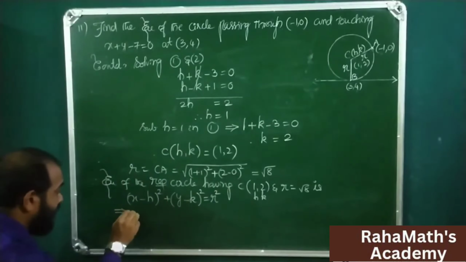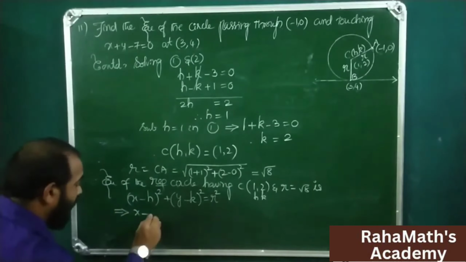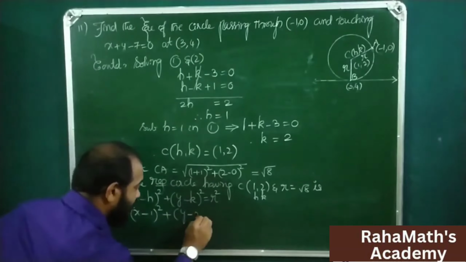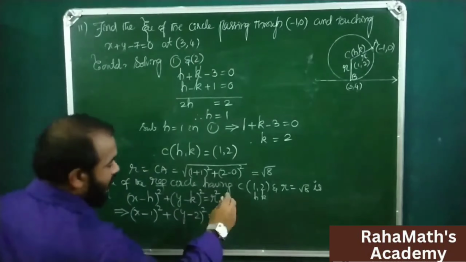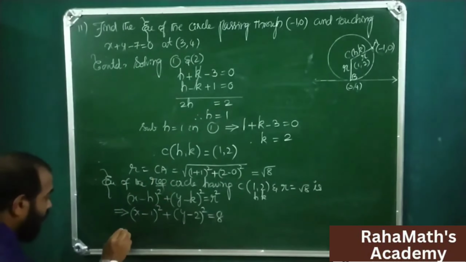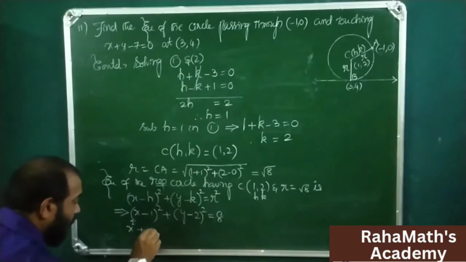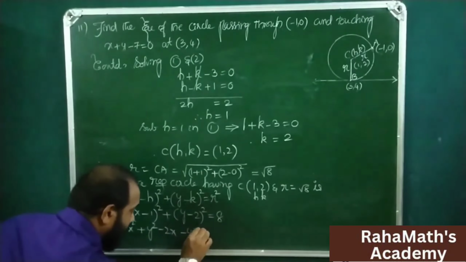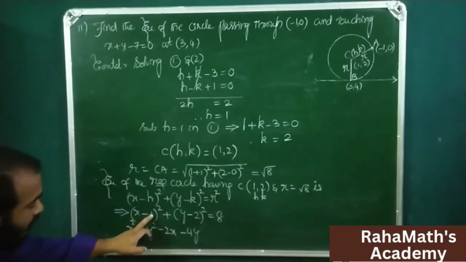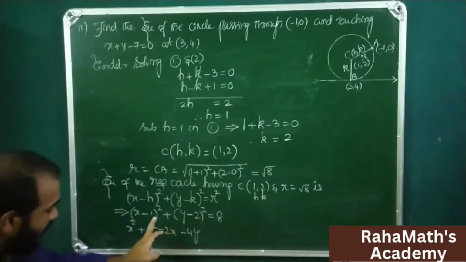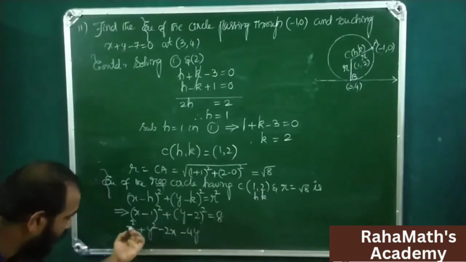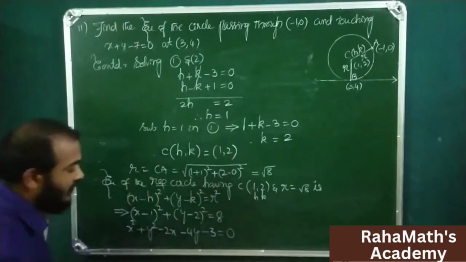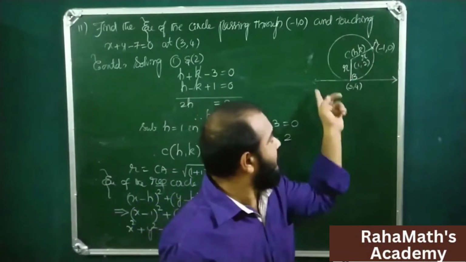So (x minus 1) whole square plus (y minus 2) whole square equals r square, which is 8. Therefore x square plus y square minus 2x minus 4y, 1 square 1, 2 square 4, 4 plus 1 is 5, plus 5 minus 8, which is minus 3, equals 0, is the equation of this required circle.